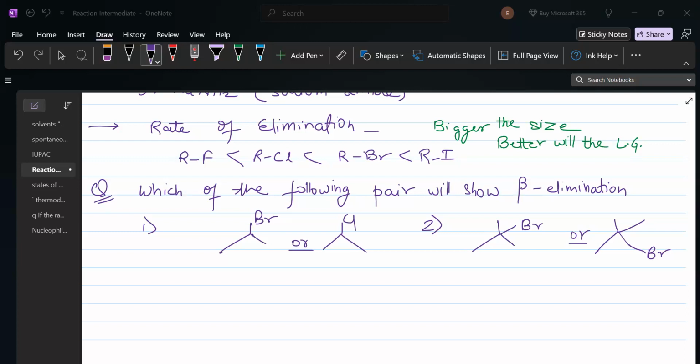Done with marking the alpha carbon and beta carbon? I think this one was easy. Khadija, done.